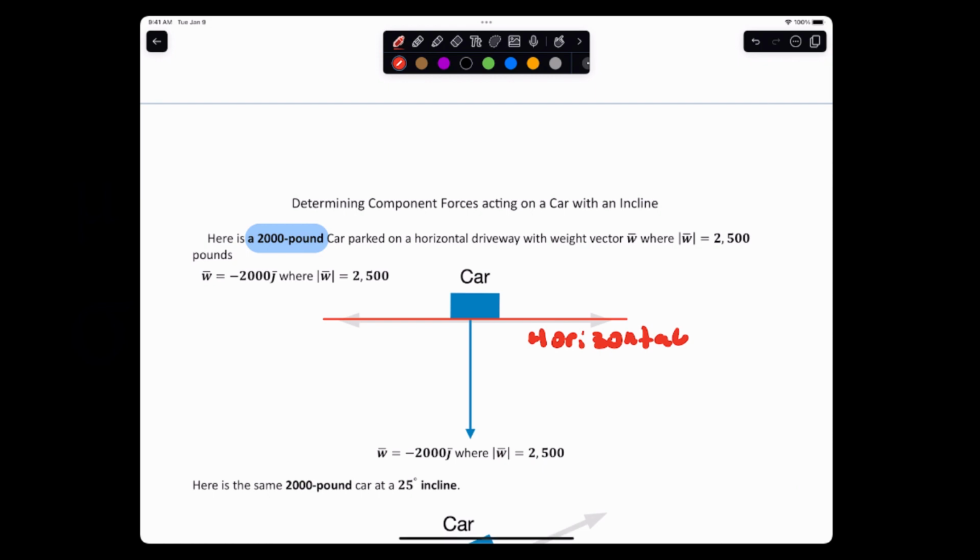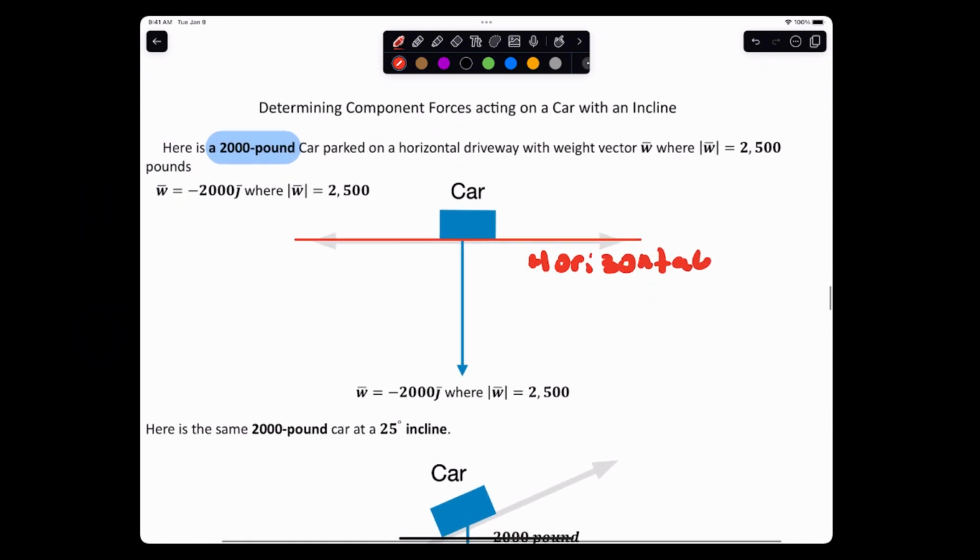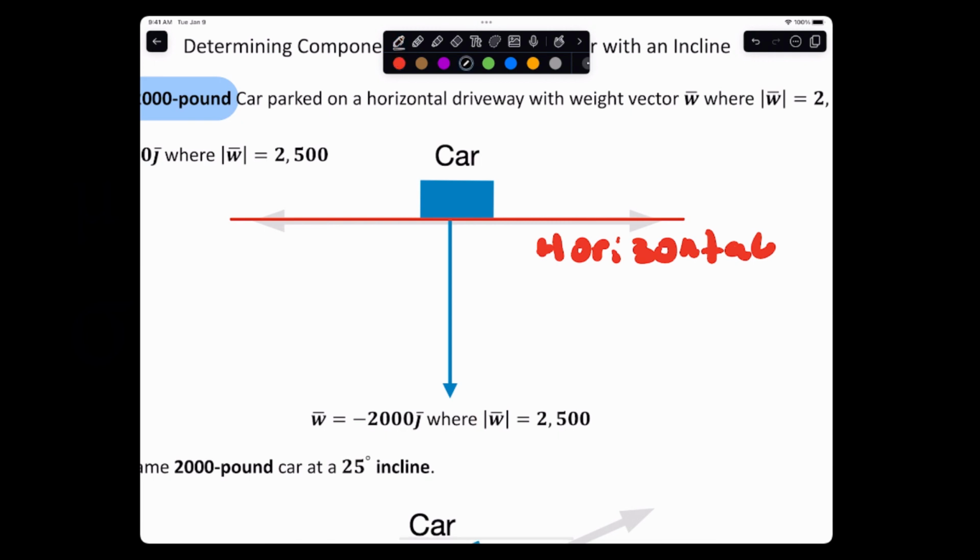Because when a car is on a horizontal driveway, all of that weight, and we represent this here, you see, this is like that point P in our applications. The weight of the car, due to gravity, is pulling down on the car. And that weight is represented by a vector, right? Because that has magnitude. And you go, what's the magnitude of that vector?